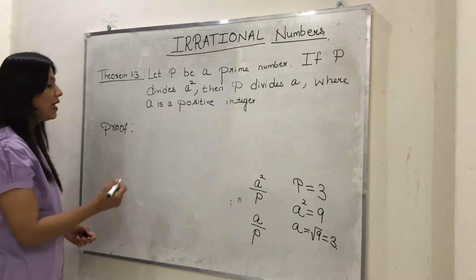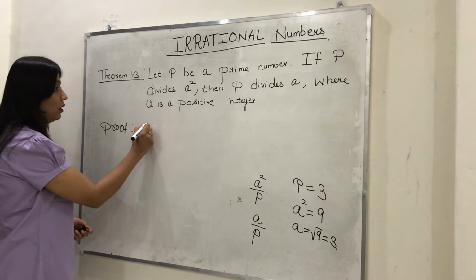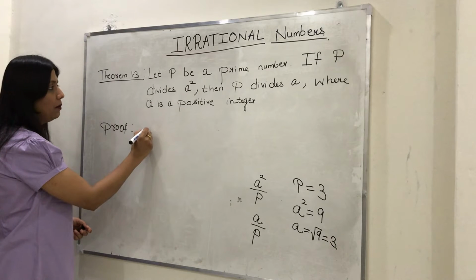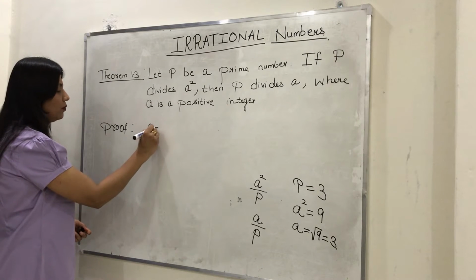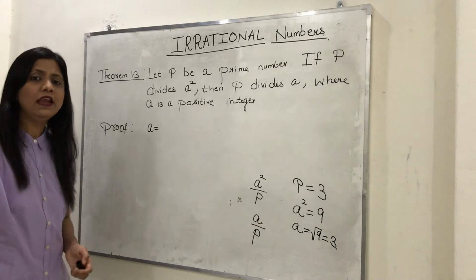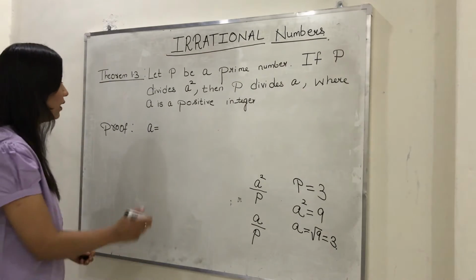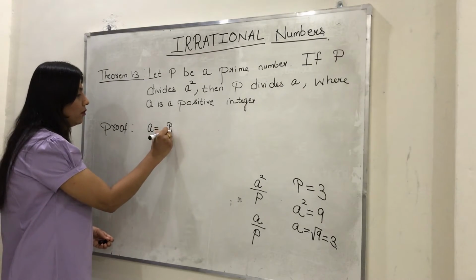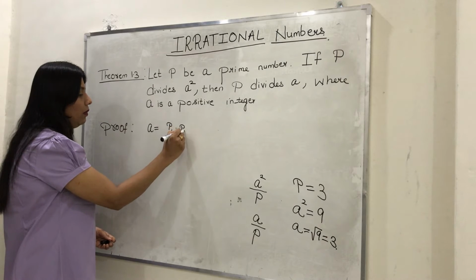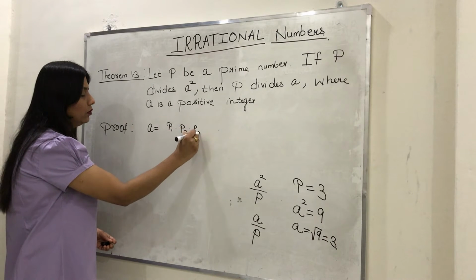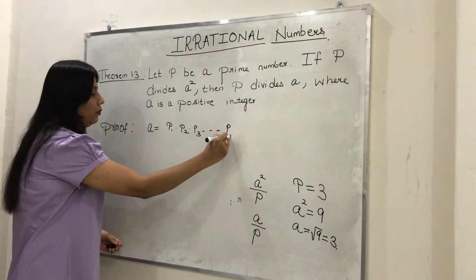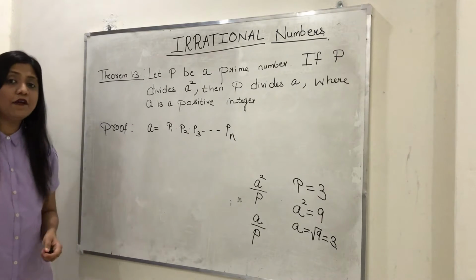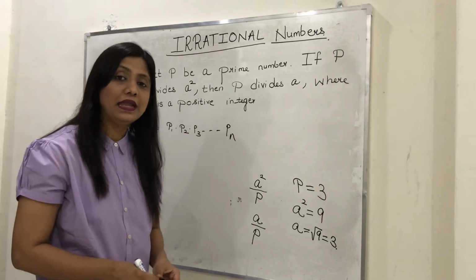Okay. So suppose p is a prime number and a is any number, and its prime factorization is p1 multiplied by p2 up to pn. What is the fundamental theorem of arithmetic?